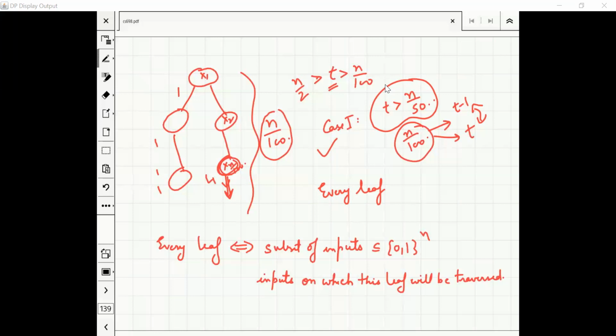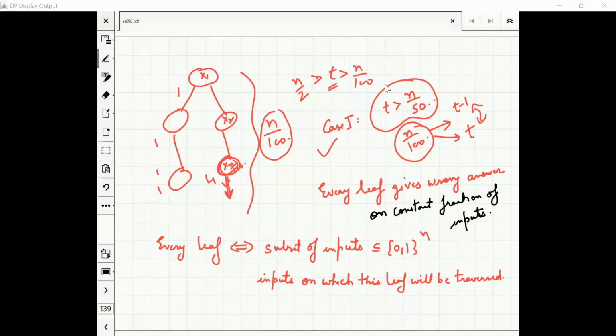That means in total, I'm computing the answer incorrectly on constant fraction of inputs. This is a calculation which you can do as an exercise.